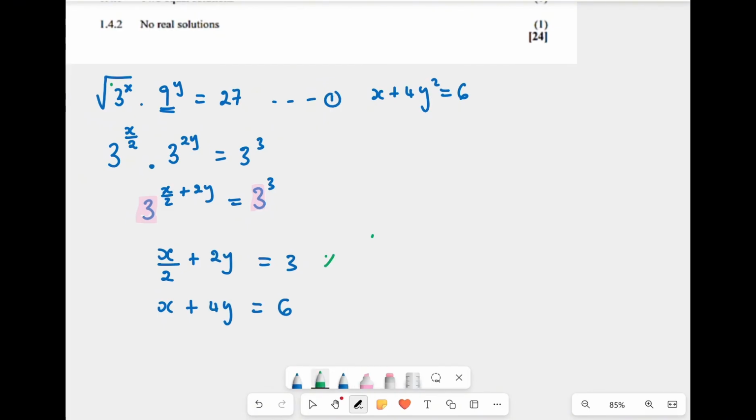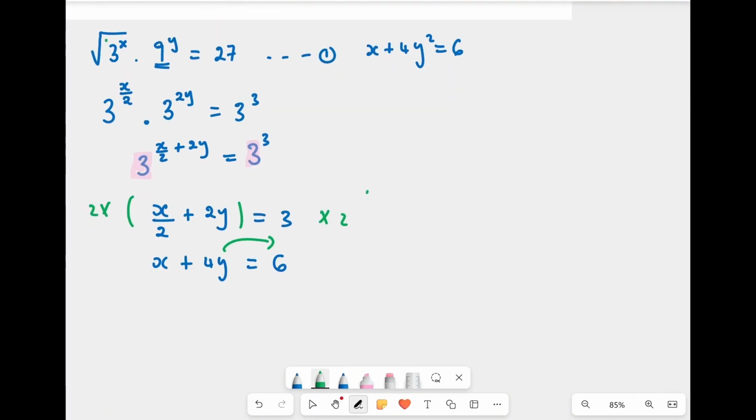And then from here, we can transpose 4y. So we are going to have x is equal to 6 minus 4y. And we can call this our equation number 3.